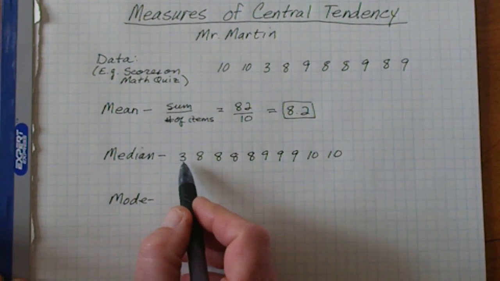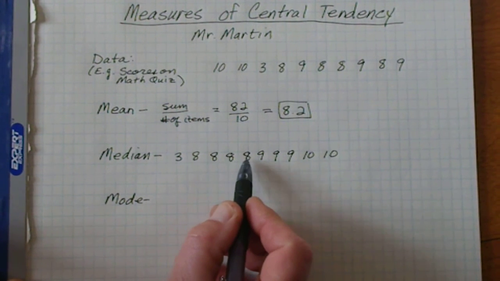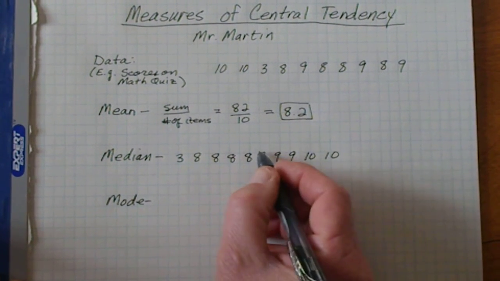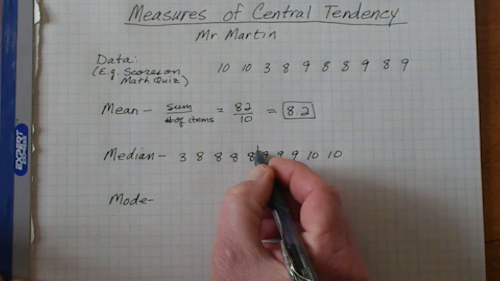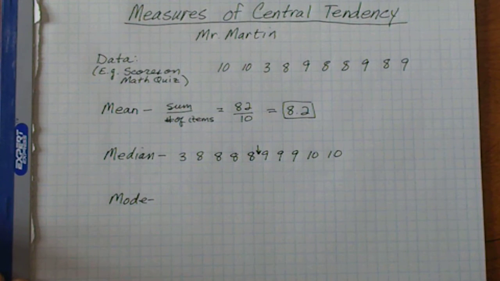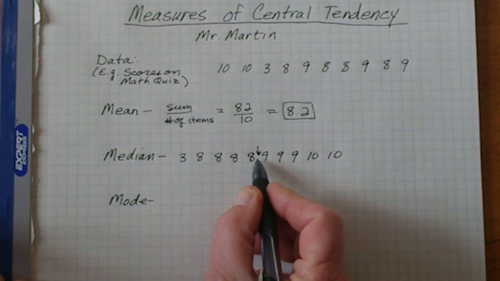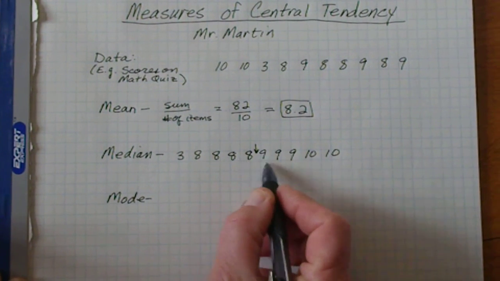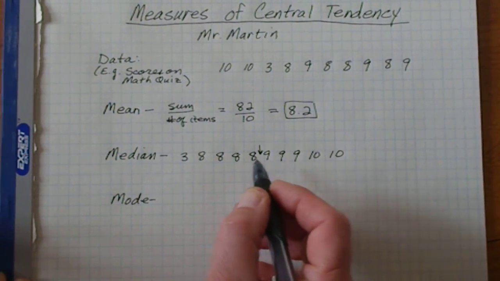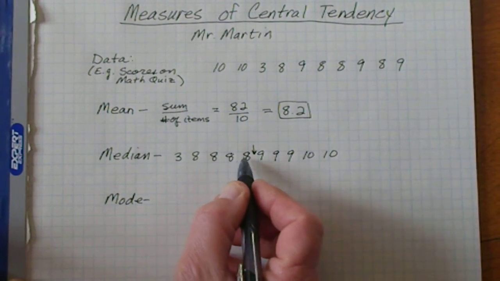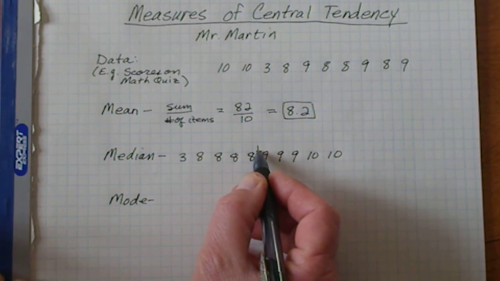So the median is the middle number. If I have an even number of items, there are actually two middle numbers. If I have an odd number of items, there will be one number right in the middle. Here I have 10 items, so I go over 5 and here's 6, and the middle is right here.